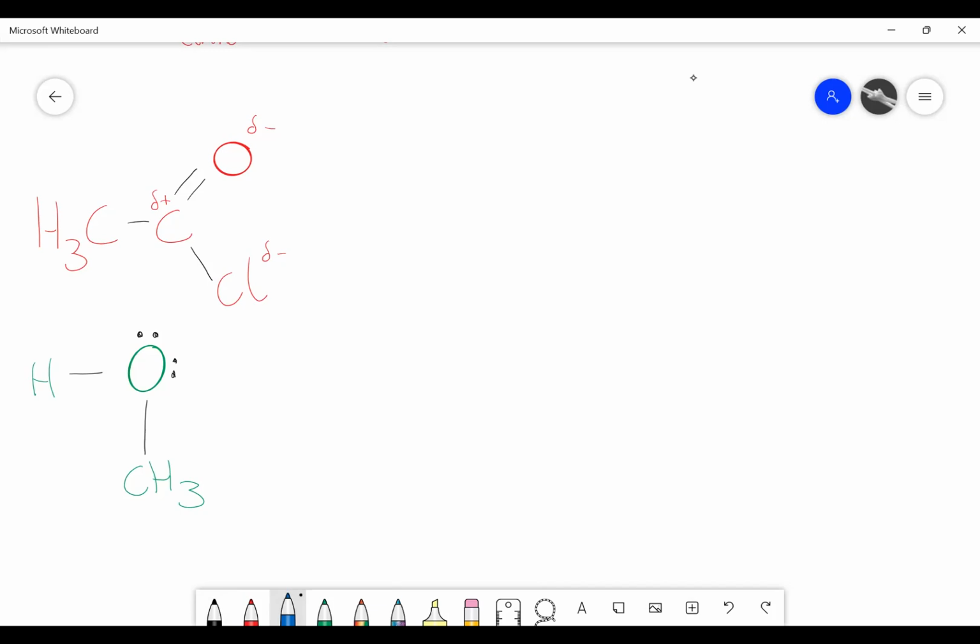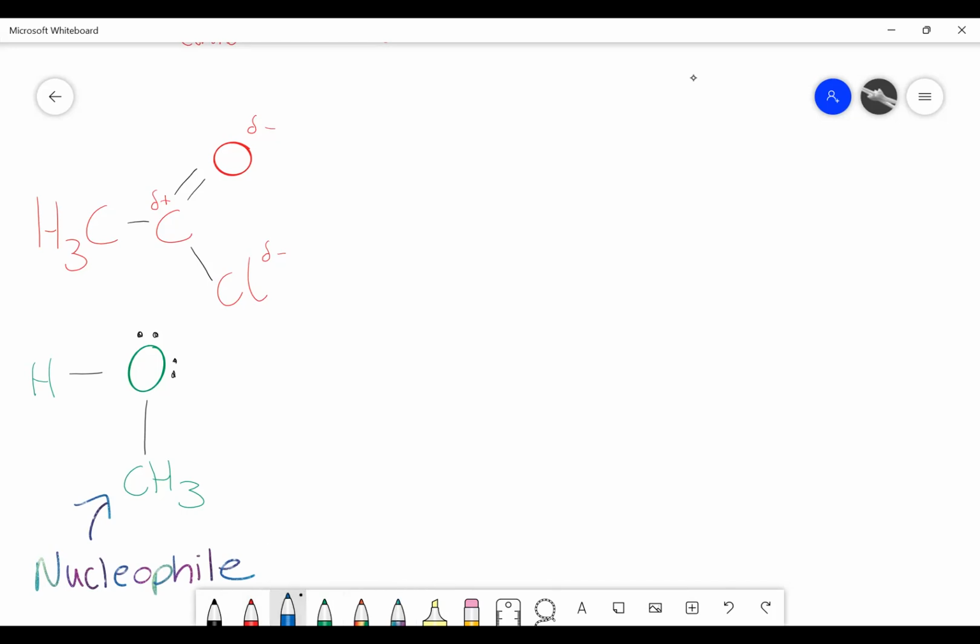So what happens here is methanol is a nucleophile in this situation. So this is our nucleophile. Methanol is acting as our nucleophile.